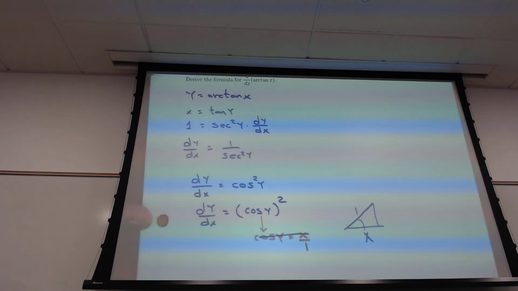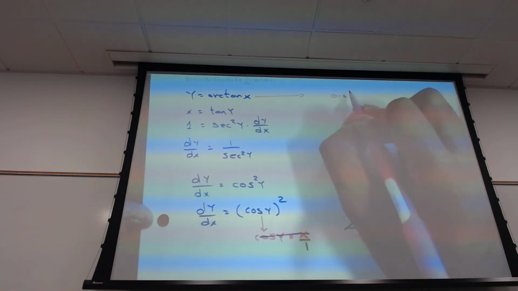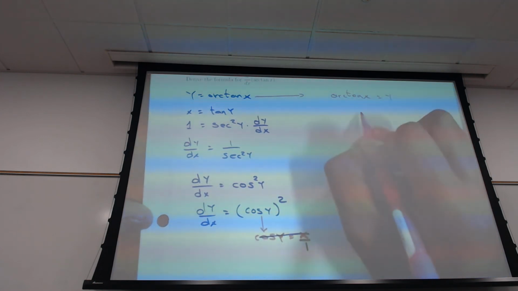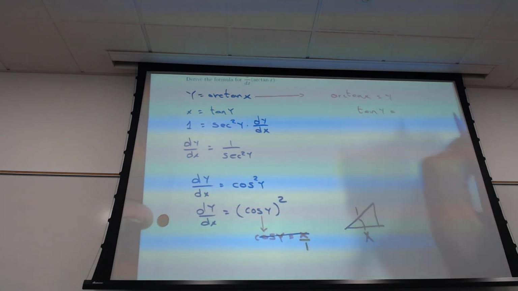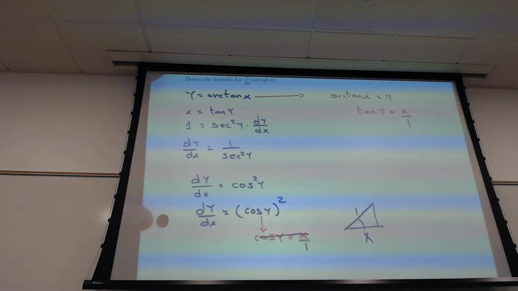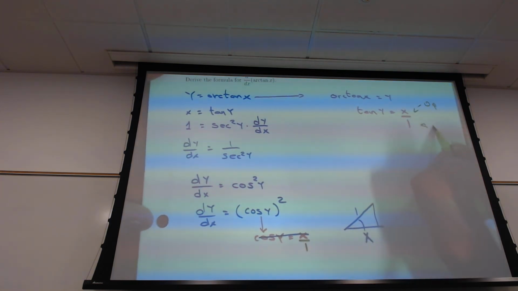So from the arctan function, which equals y, tangent y equals x, which is x over 1, where x is the opposite and 1 is the adjacent.